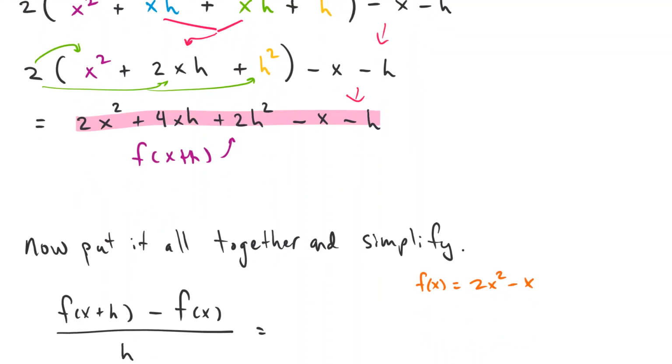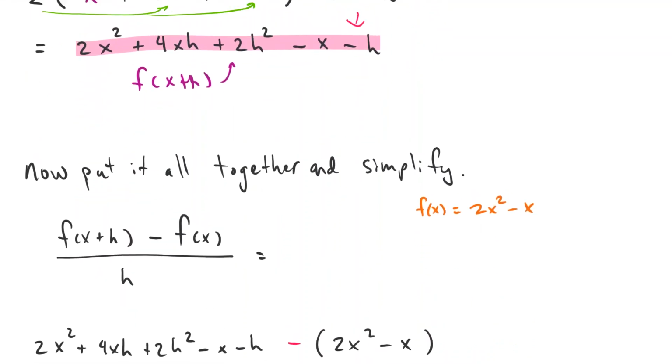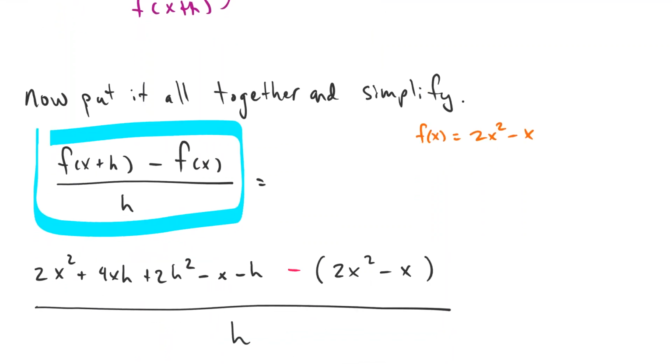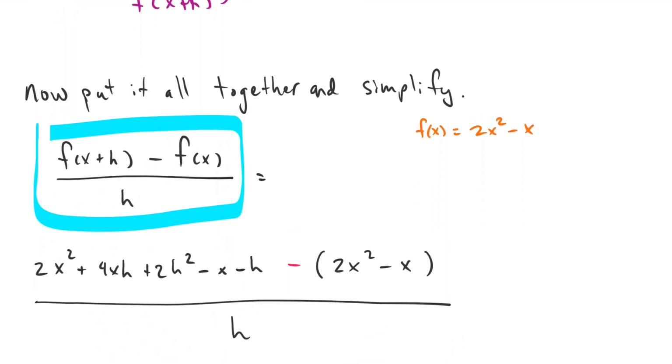Now we can put everything together and we can simplify. So this is again what we're looking for. f of x plus h, which we just found, minus f of x, divided by h. So we've done the hard work. We have f of x plus h. We just take the normal function f and subtract it from what we computed with f of x plus h, and then divide by h. Do a little simplification, and we are done. So from our previous work, we know that this is that.